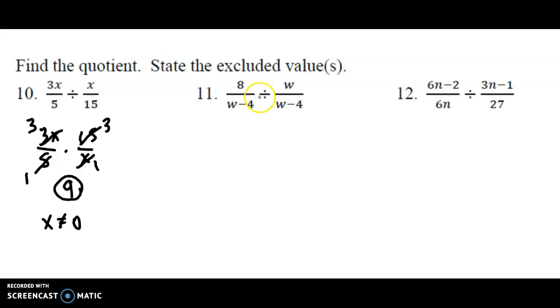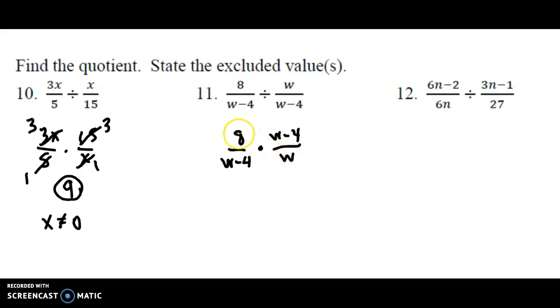Number 11, again, division. First step is to rewrite it as multiplying. So again, keep the first fraction, 8 over w minus 4, times the reciprocal, w minus 4 over w. Again, check your diagonals. 8 and w are monomials.